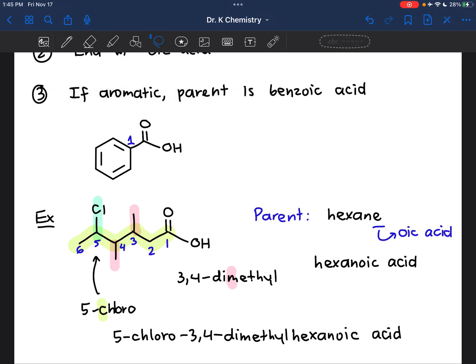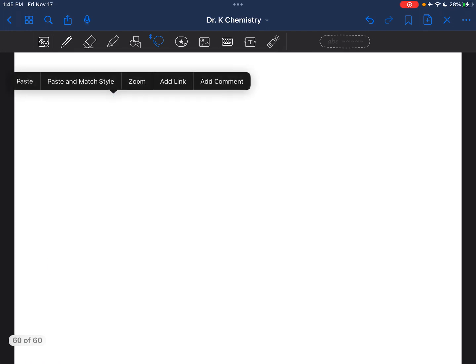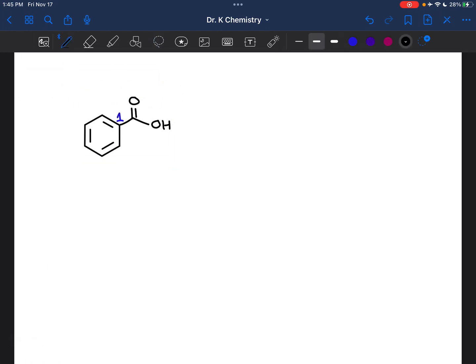Let's try an aromatic version. I will copy over this structure. Okay, definitely aromatic, which means the parent name will be benzoic acid.